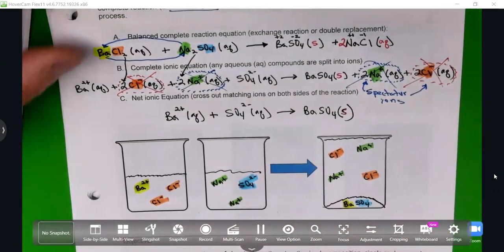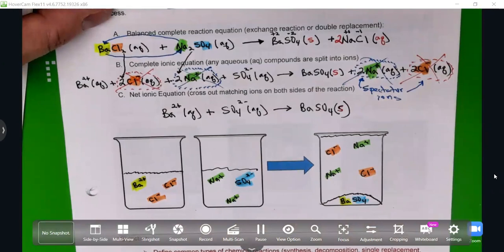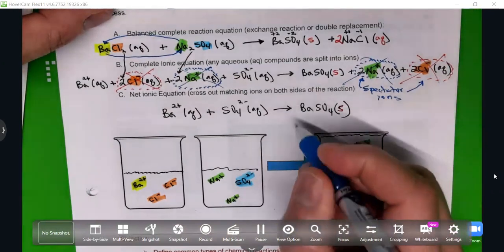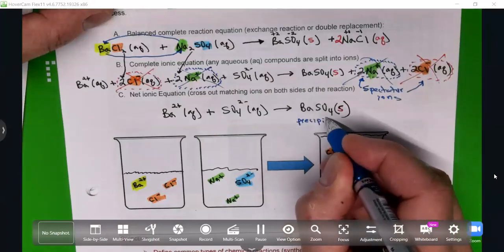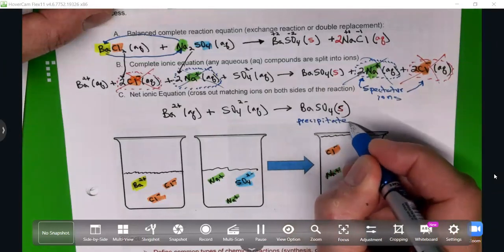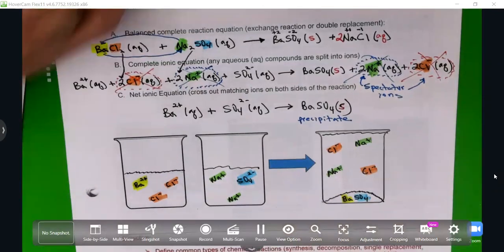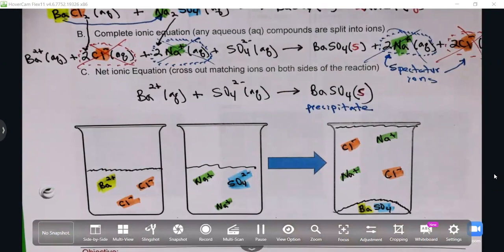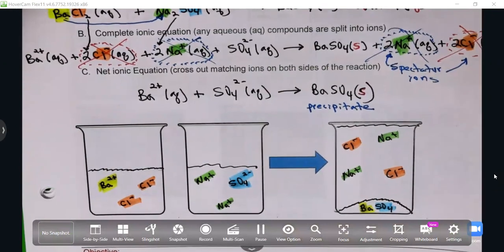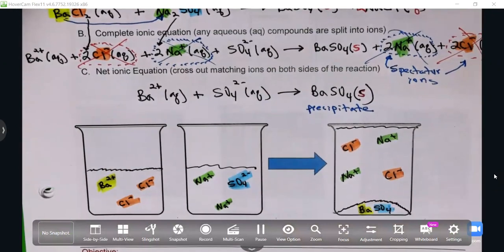This barium sulfate solid is going to be called a precipitate. How do you know if you're going to get a solid?